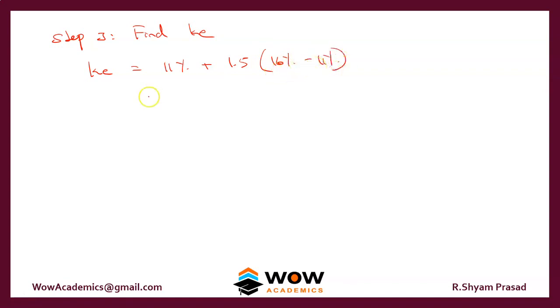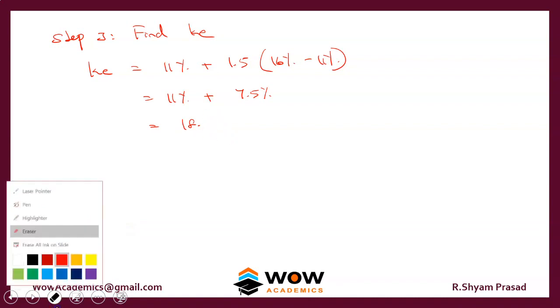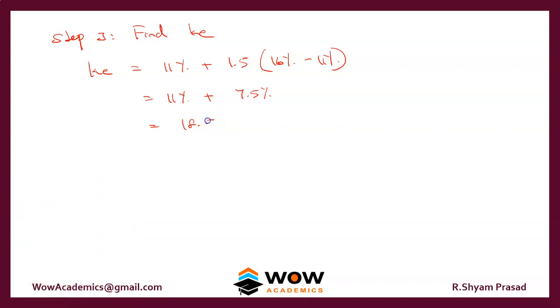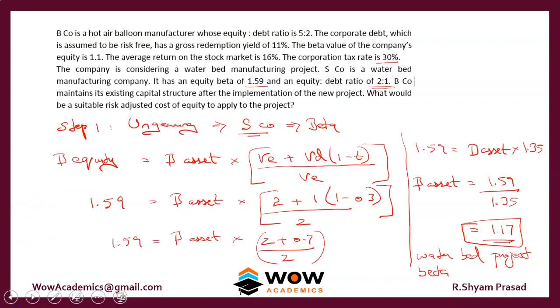So RM minus RF. So we'll solve the internal part. The internal part comes to 7.5. This can be taken as a percentage. So if we solve, we get 18.5%. So that is the KE. That's about the problem here.